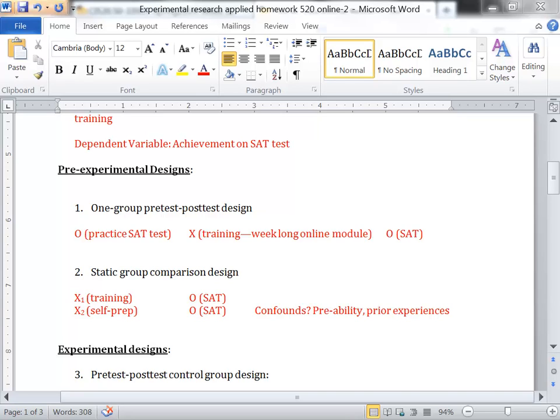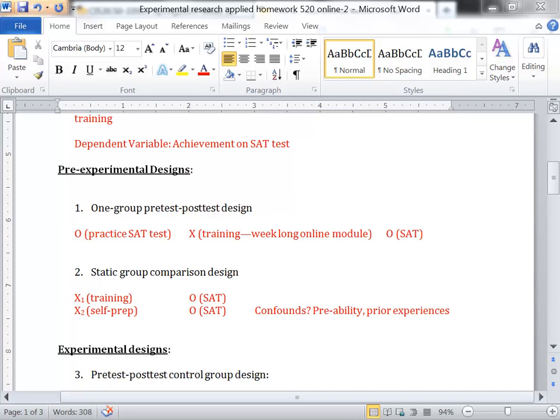people do better after the training on the SAT test, and these are called the confounds. For instance, if someone was taking the test because they had taken the test previously, maybe on several occasions, then we would have that testing effect influencing their ability on this particular test, or they might just come in with exceptional skills in taking tests.